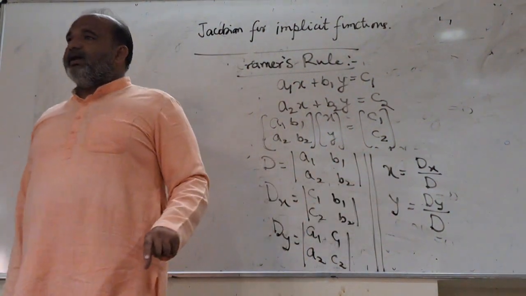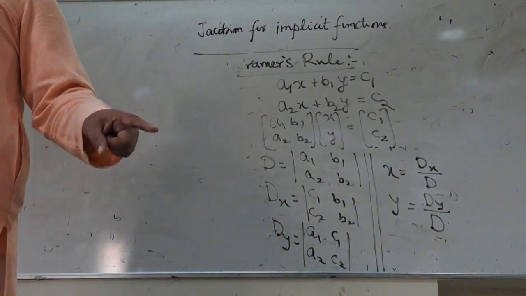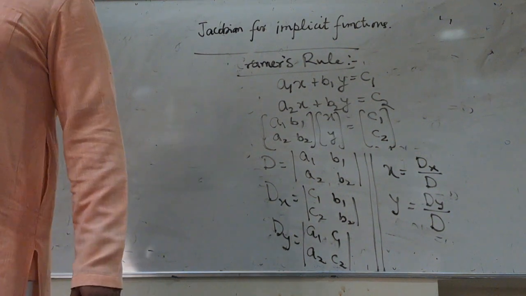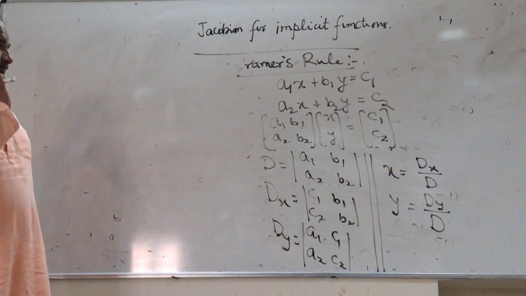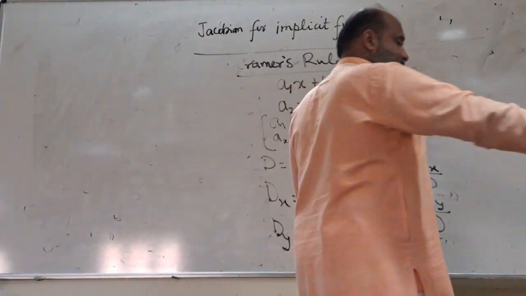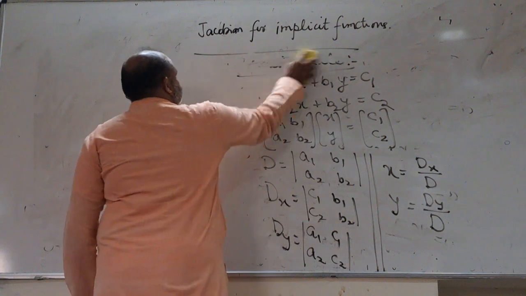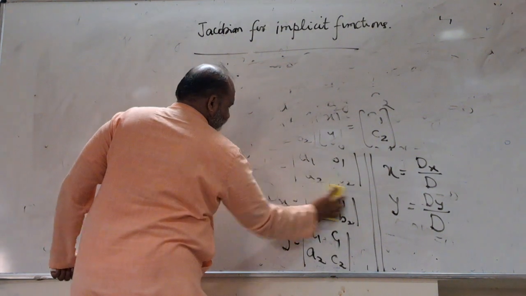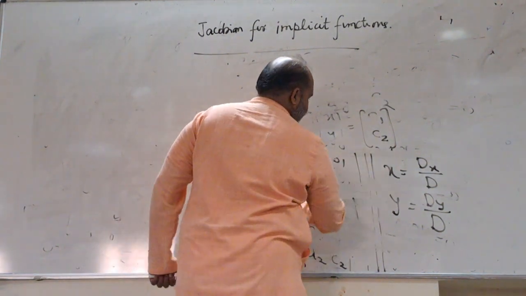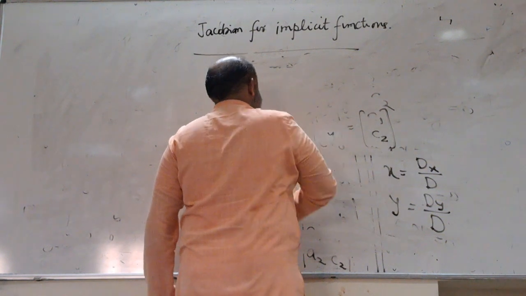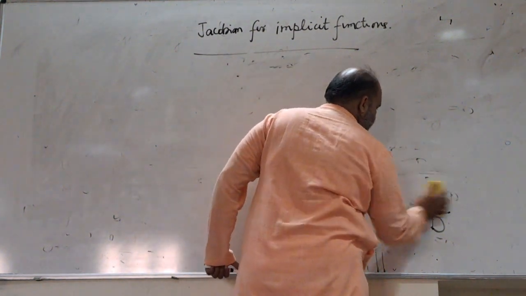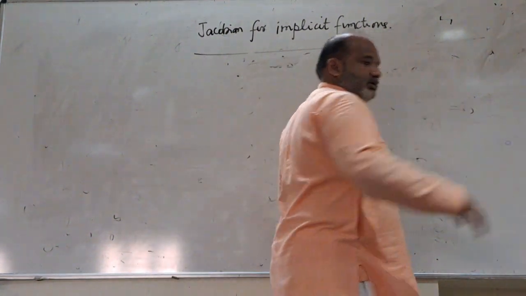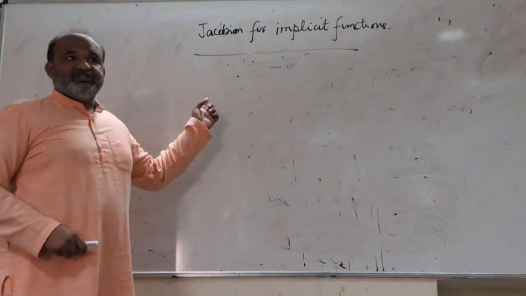The same rule we shall apply to find the solutions for del u over del x, del v over del x, and then del u over del y and del v over del y. Right? So just tell me the first equation and third equation.